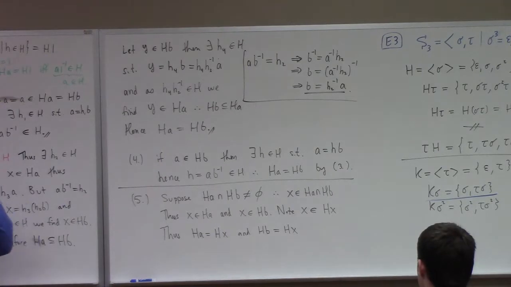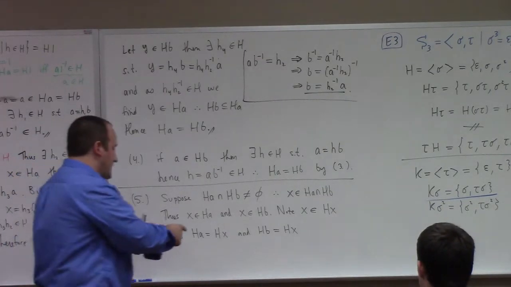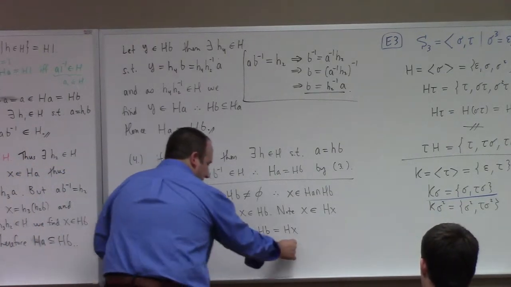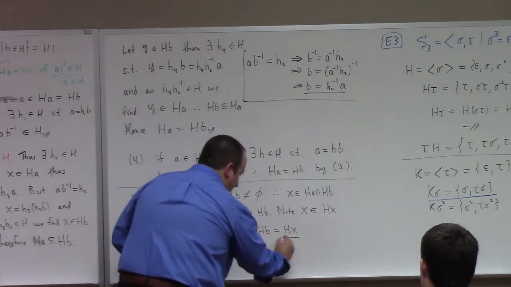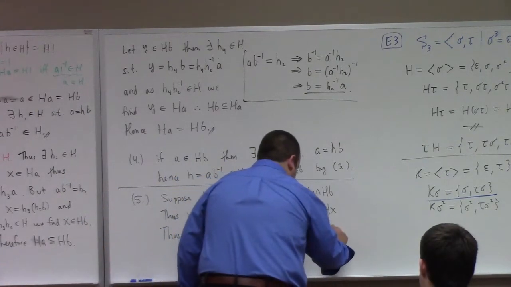We're using number 4. X is an element of HA, right? So by 4 then. But then you see what happens here. This and this, of course, are the same, right? So therefore, HA is equal to HB.